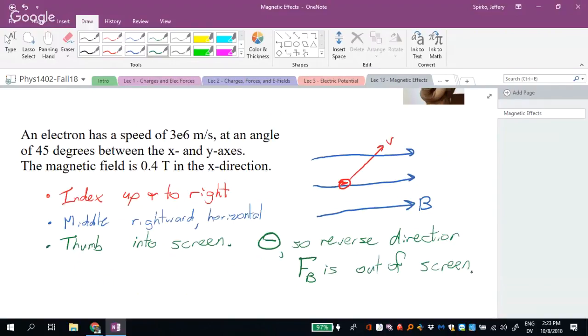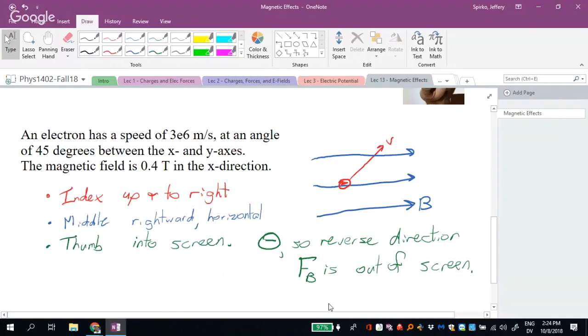So we wouldn't switch hands if it's... well, some people like to switch hands for a negative charge. My preference is to consciously switch direction at the end. So if you do it with the left hand because it's minus charge, then you would go like that, and your thumb would point out of the page. But I have enough trouble remembering left and right, so I don't like switching hands. It just screws me up in the head.